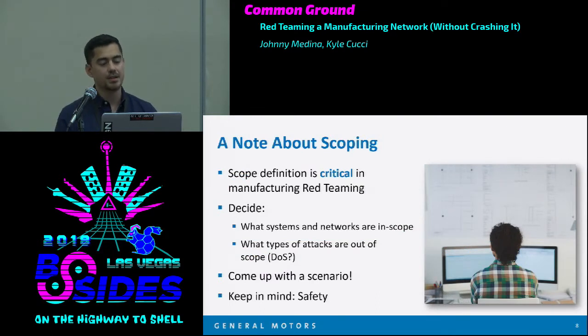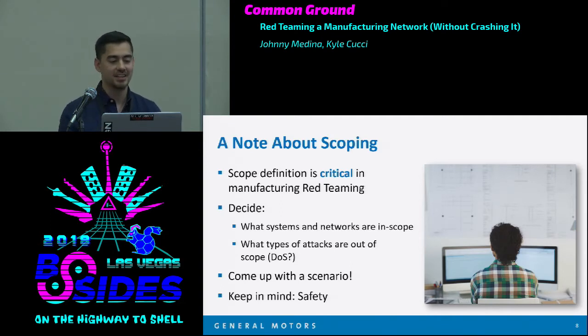Just a quick note about scoping. Scoping is critical in manufacturing. As I mentioned before, there are a lot of sensitive systems producing a product or doing something that needs to be done. Decide what systems are in scope and out of scope, and what kinds of attacks and methodologies are in and out of scope. You probably don't want to do a DoS and hurt your own organization.